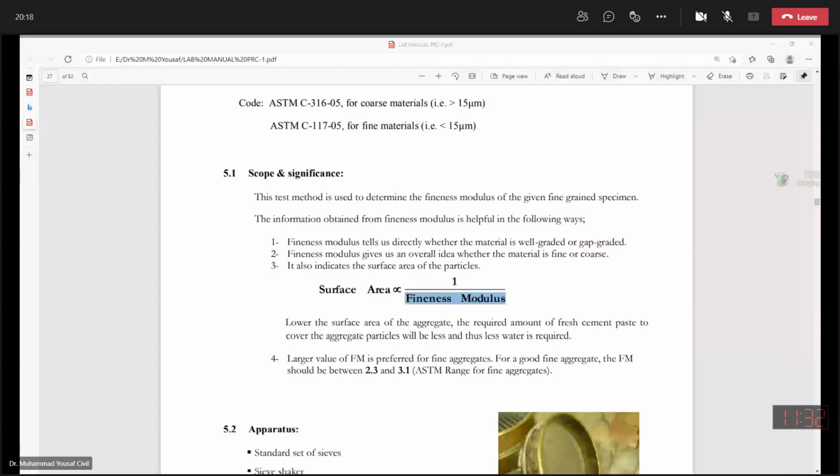Is it clear? Yes, sir. एहतशाम. Yes, sir. ठीक है, समझ आ रही है? समझ आ रही है बेटा? Yes, sir. ओके जी. लाइबा. Yes, sir. समझ आ रही है?